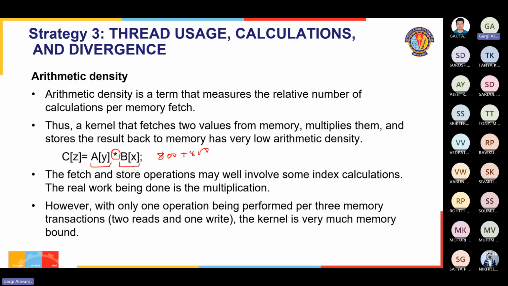If it is an integer multiply, it might take around 15 to 30 cycles. So you are comparing 30 cycles to 1600 cycles spent in fetching data. So this particular kernel has a very low arithmetic density.